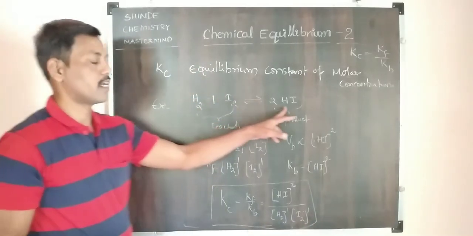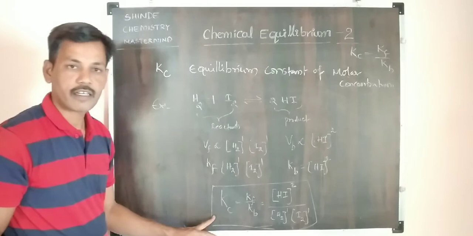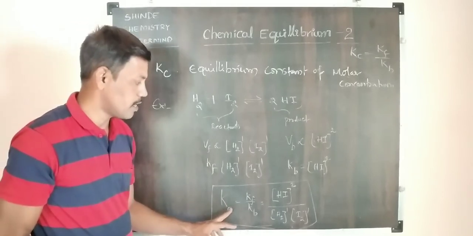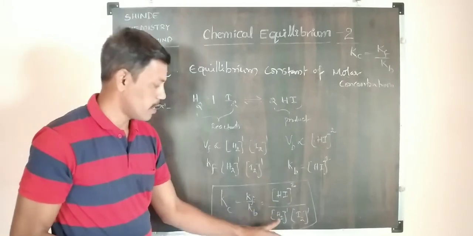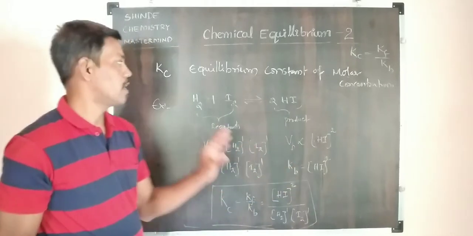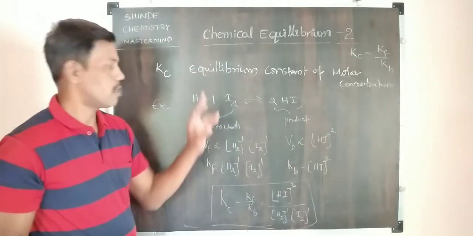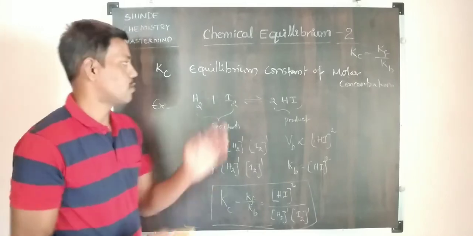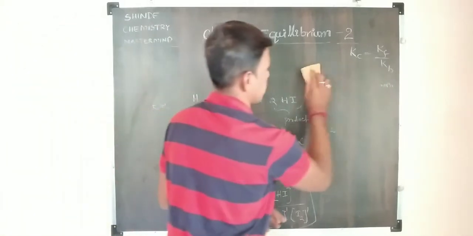Now here is the reaction and we get the formula of Kc: HI upon 2 by H2, 1 mole, I2, 1 mole. So this is the equilibrium constant of this chemical equilibrium process. Fine. So now we go to Kp.